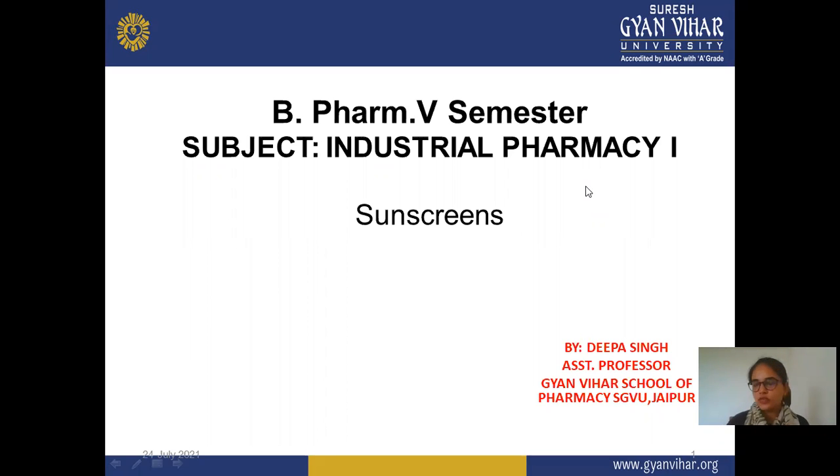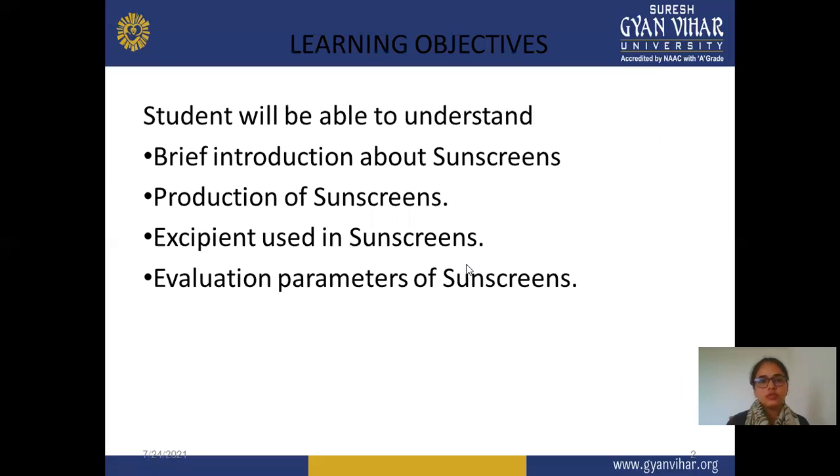Before starting this lecture, we should know about its learning objectives. You should know a brief introduction about sunscreen, meaning what a sunscreen is, its definition and description, and the production of a sunscreen: how the manufacturing procedure is carried out, which parameters you consider during manufacturing, and the excipients used in sunscreen.